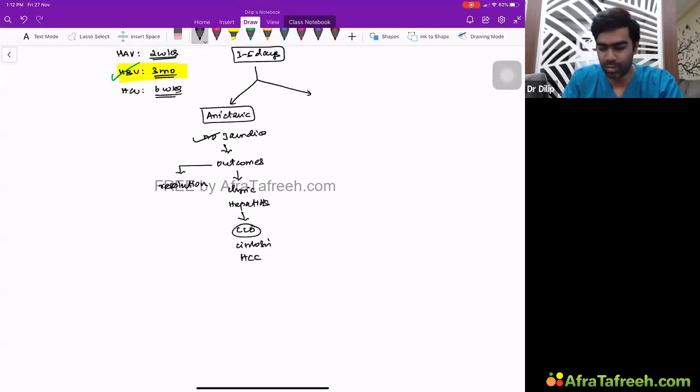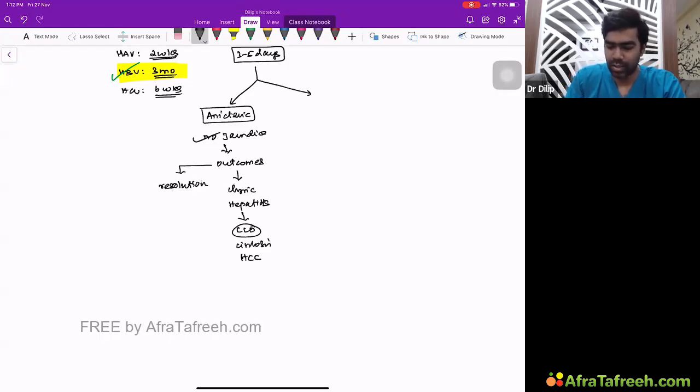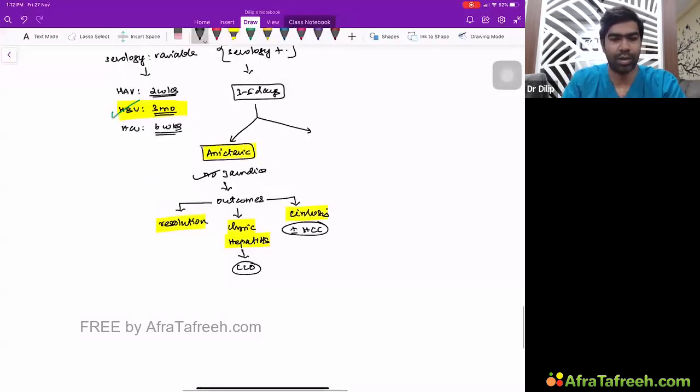So this could be possible in certain viruses. Third outcome is cirrhosis. Because of chronic hepatitis, they can go for cirrhosis plus or minus hepatocellular cancer. These are the three outcomes that are possible. From the anicteric phase, they can develop either resolution, or they can go for chronic hepatitis, or they can develop cirrhosis over a period of time.